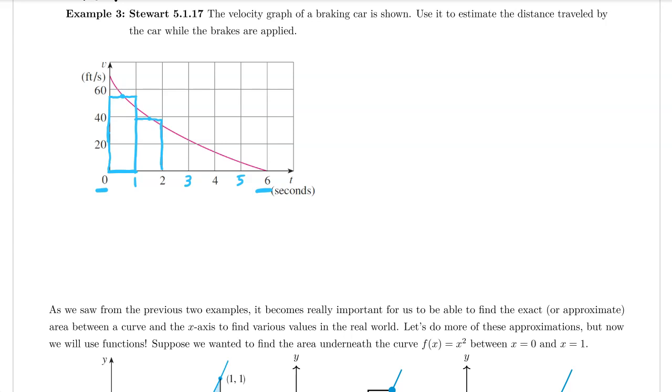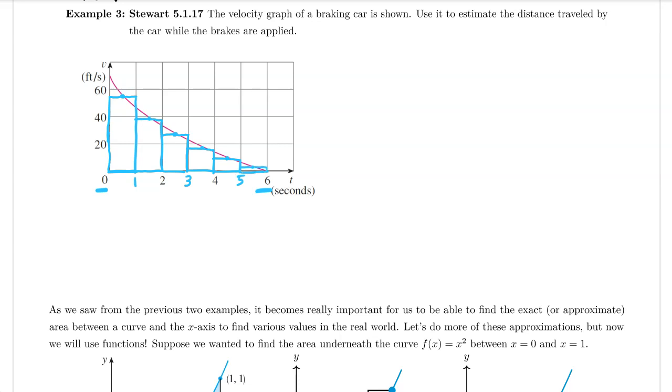I'm just going to go ahead and draw this rectangle here. And then between 2 and 3 seconds, the middle of my rectangle would be about there or so. And then between 3 and 4 seconds, be about right there or so. And then the last one.